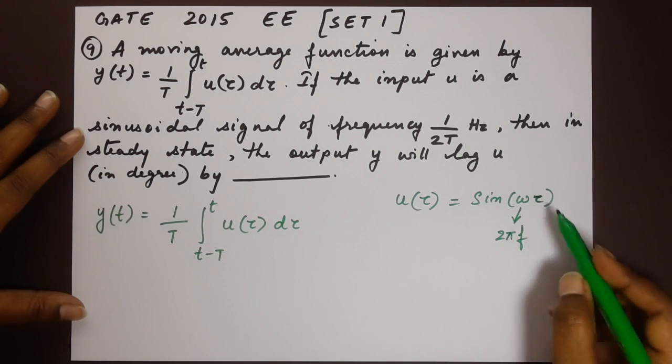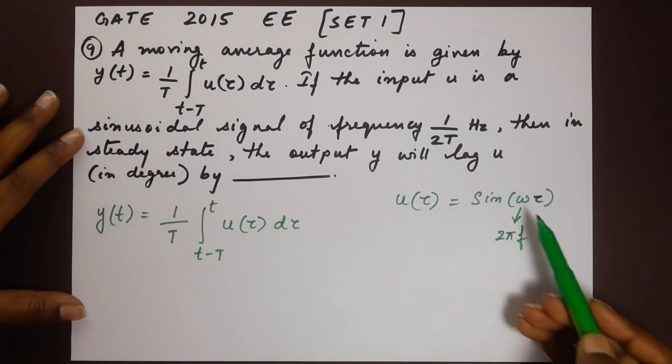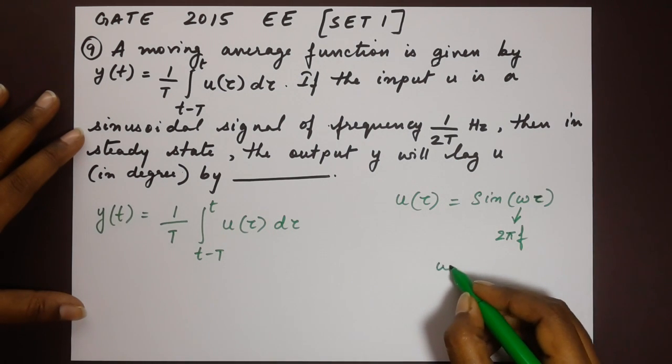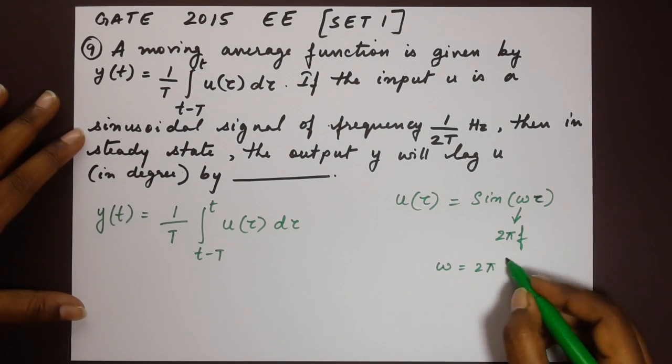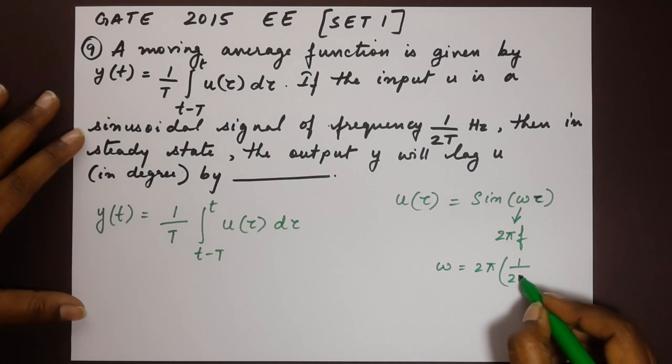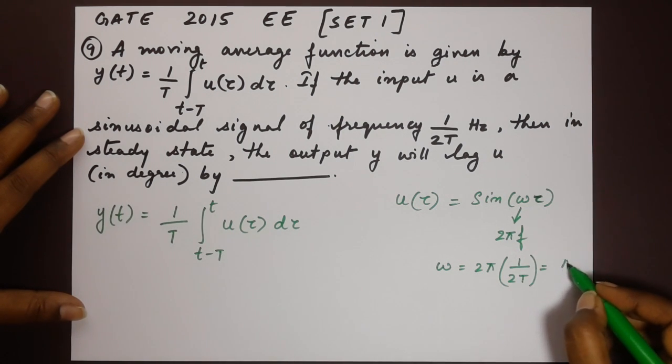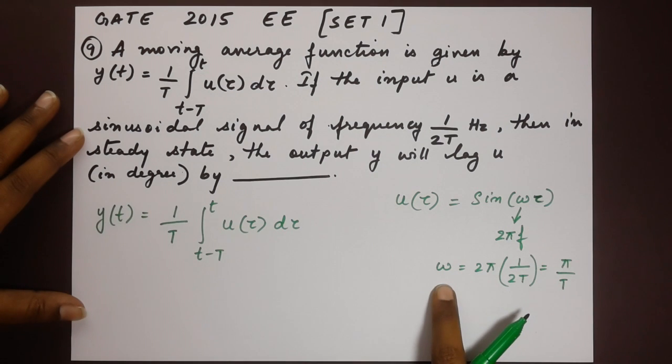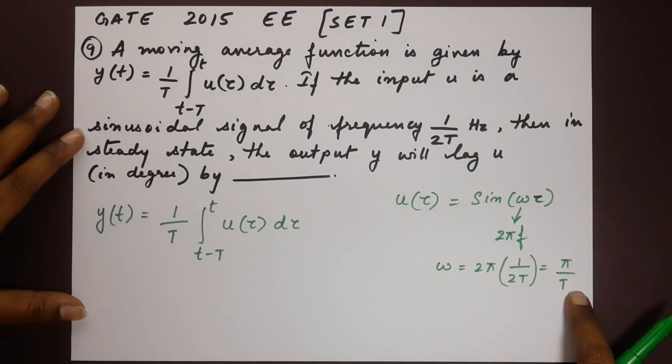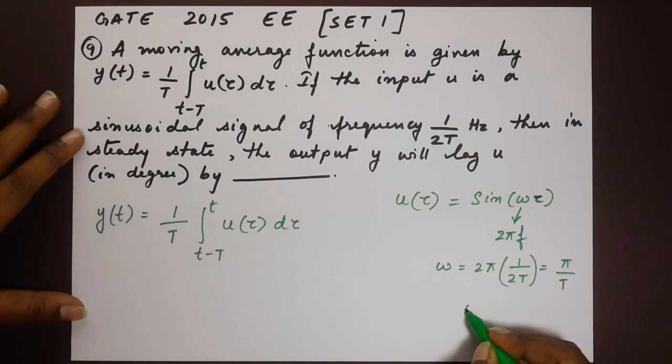Now the frequency is given as 1 by 2T. So let's substitute that. Omega is equal to 2 pi into 1 by 2T. That gives us pi by T. So if omega is equal to pi by T, omega into T is equal to pi. So just remember this relation. We will use this relation in a step later. Omega T is equal to pi.